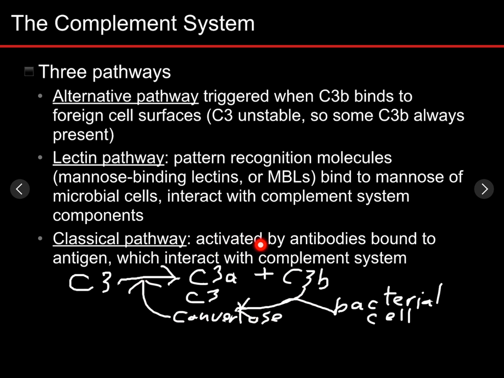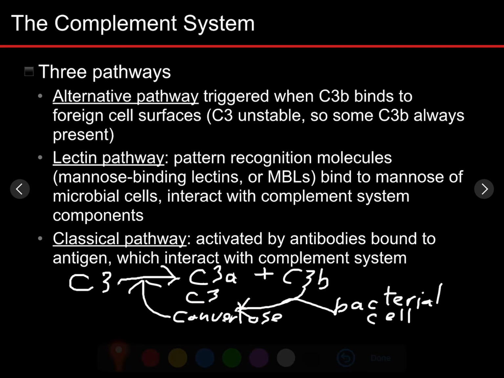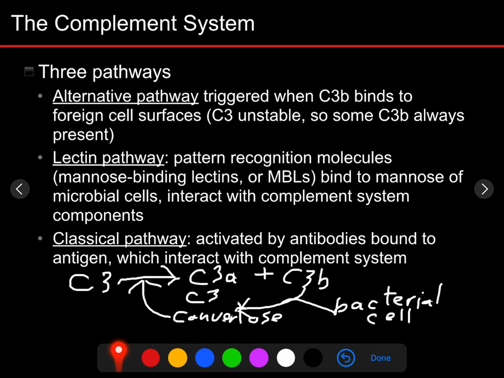And what you have is a positive feedback loop that very quickly spirals to a high number. This is basically the activation of the alternate pathway, because the whole point of the alternate pathway, the whole point of the complement system, as we'll see, is to get more C3b.